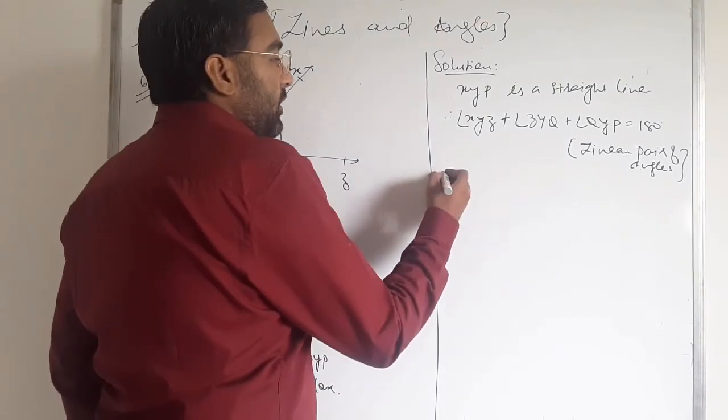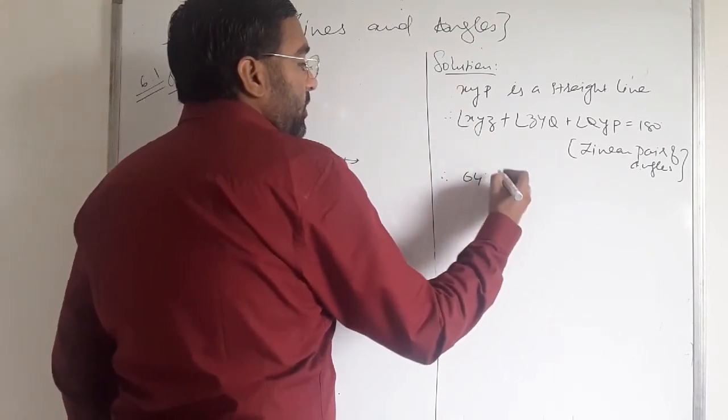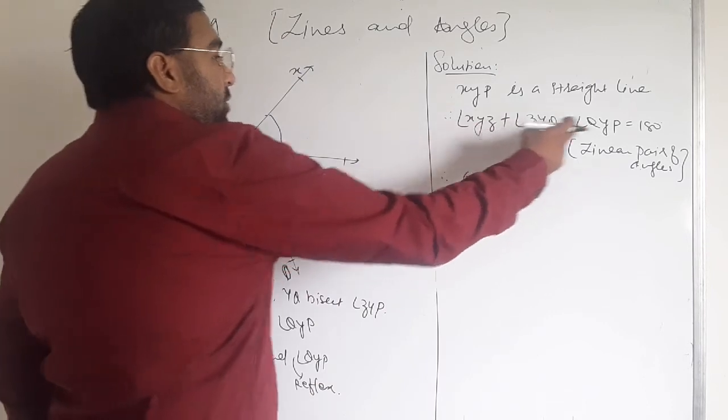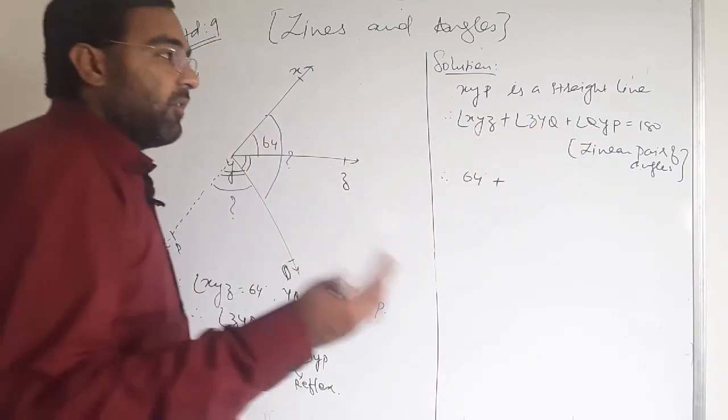In that, XYZ is equal to 64 degrees, and ZYQ and QYP are both equal.